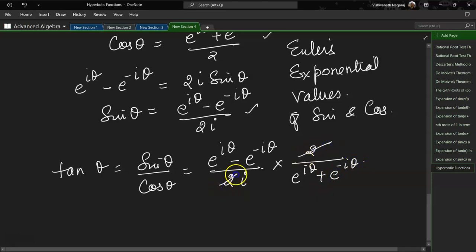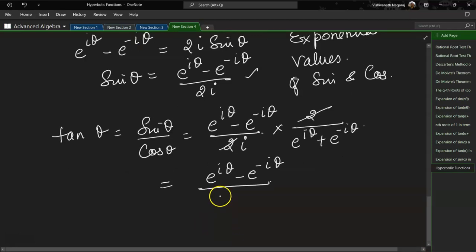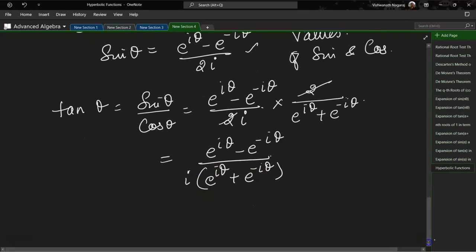So this and 2 will cancel, and we will end up with (e^(iθ) - e^(-iθ))/(e^(iθ) + e^(-iθ)). In the denominator we have i, yes? Okay.